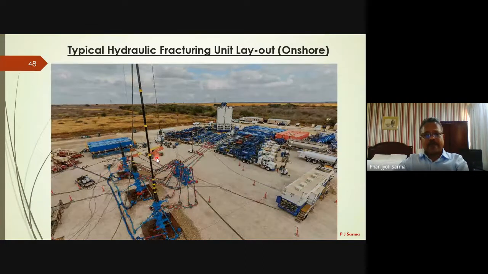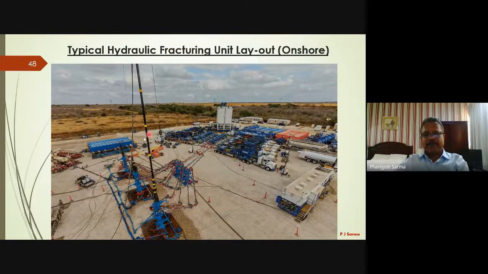And you can see from this picture, those equipments are laid out. So these are all the pumps, of course, the trailer mounted pumps. This is a huge hydraulic fracturing operation. So these are the pumps. Then you can see the tanks, the silos.